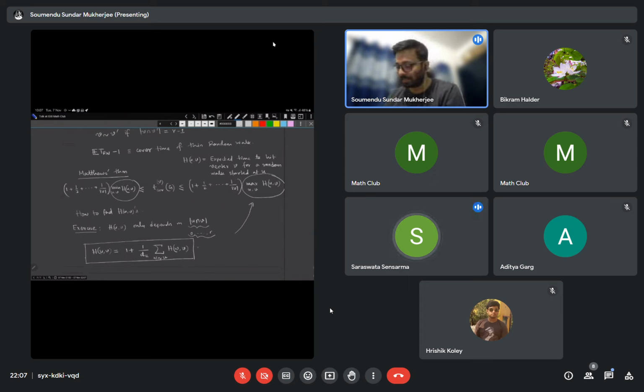So solve these linear equations in at most r plus 1 variables. You don't have to solve it explicitly. You just need to find out the order of magnitude of these numbers. You can show that the mean of these numbers is of the same order as the max of these numbers.